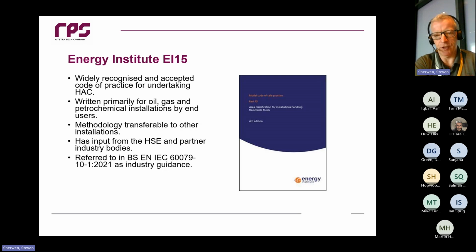So there's lots of other industry guidances out there, but this one and a couple of others are referenced in the British standard as applicable industry guidance. And what that means is that you can feel confident in using this, that it's a well-researched, peer-reviewed, industry-accepted, good practice document for applying area classification to appropriate installations.